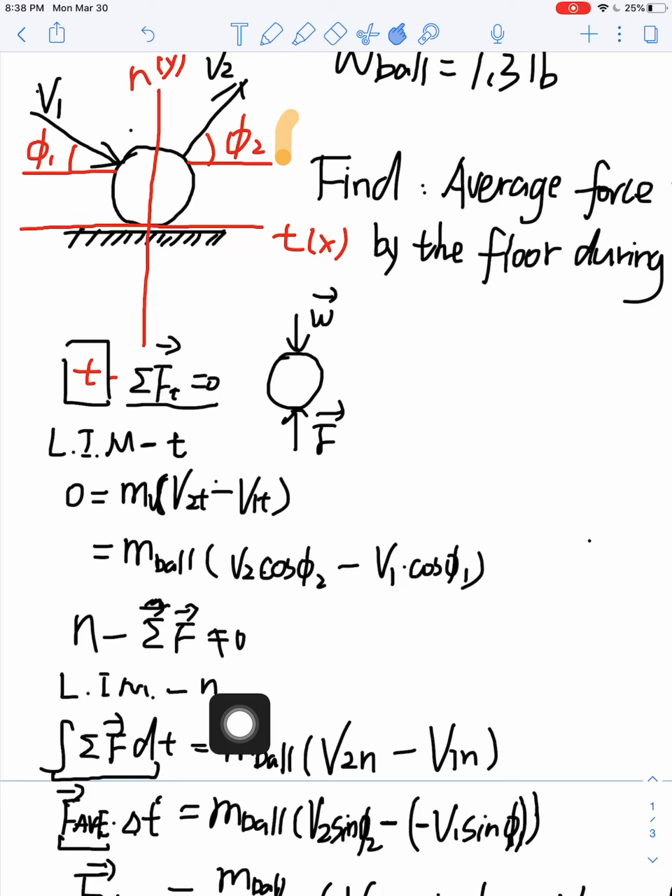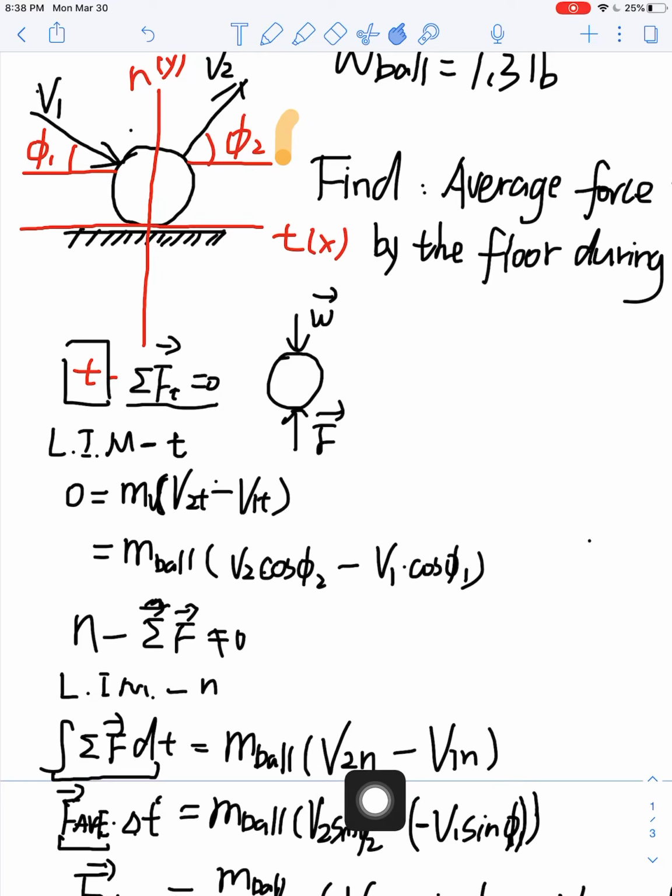And we can apply the linear impulse momentum equation in n direction. On the left hand side we have the integral of the sum of the forces dt equals mass times v2n minus v1n. Both v2n and v1n are the velocities in n direction, which is the vertical direction.